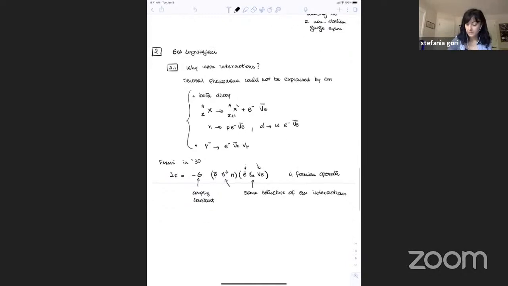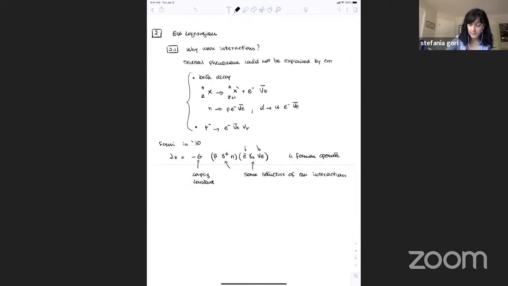And then obviously you can do something similar for muon decays. So you will have some coupling constant, and then your muon, neutrino, the muon, and then an electron and your neutrino. Okay, for muon decays.